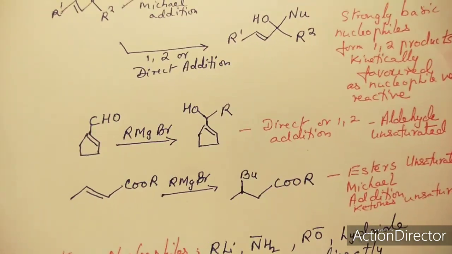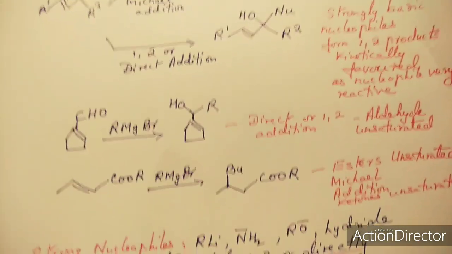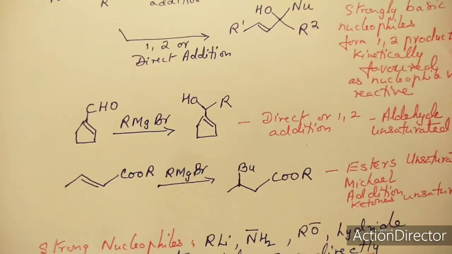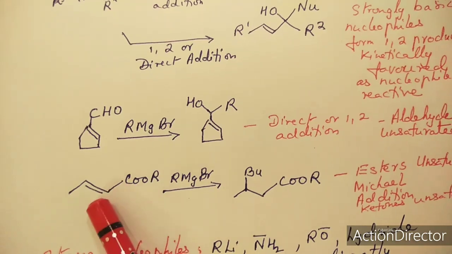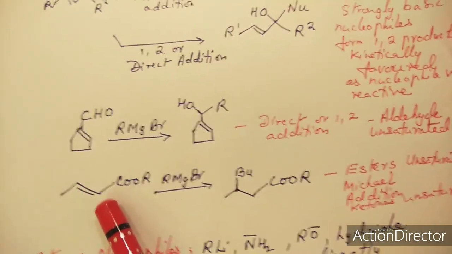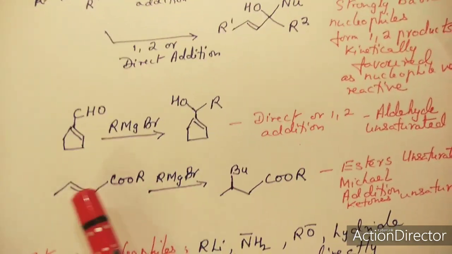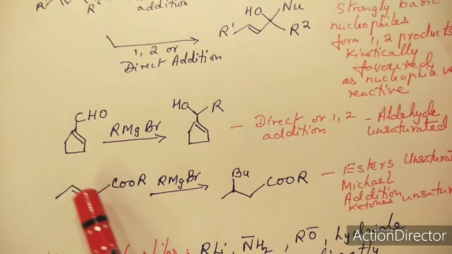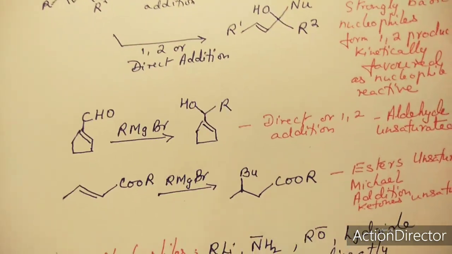So you see, these are certain norms or rules by virtue of their stability. So we are not designing any strategy for them. It happens automatically that if it is an unsaturated ester or a ketone, in that case, we will be having a 1,4 addition. That is a Michael addition.